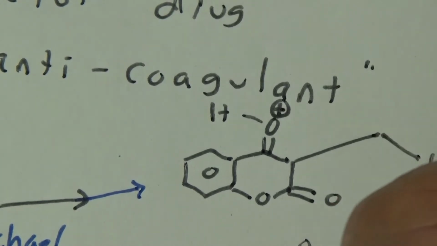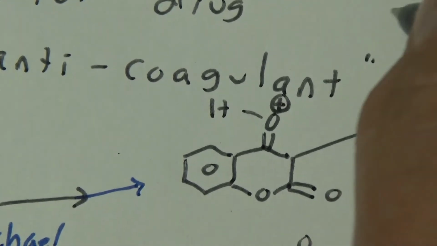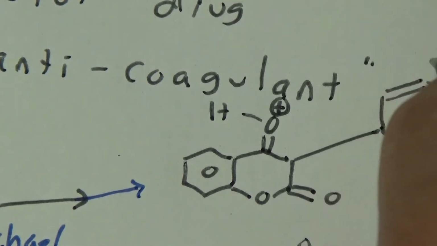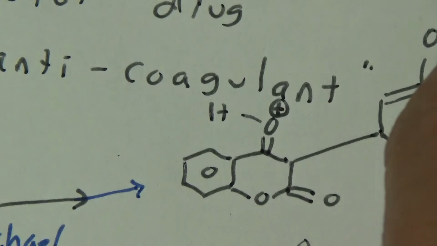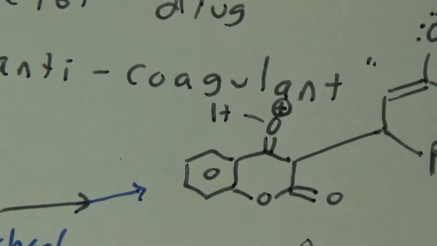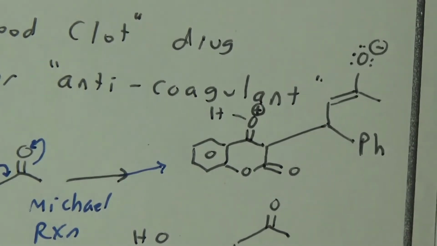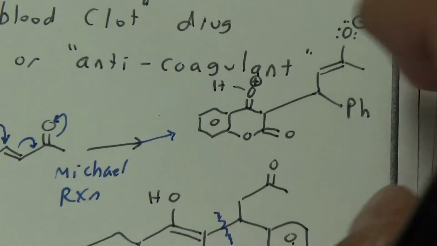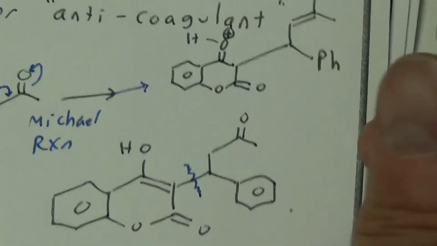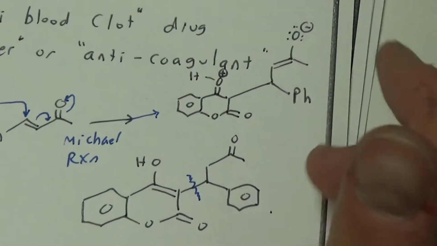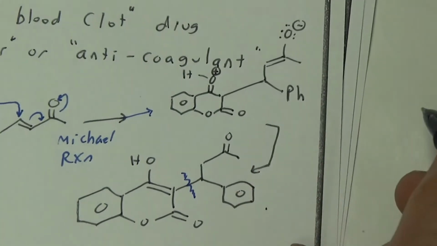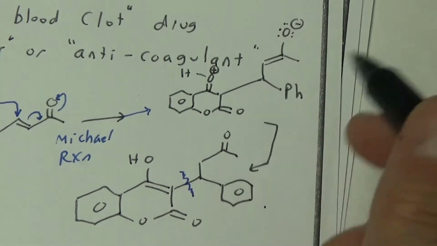A long bond there, phenyl, and a negative charge up top. Oops, sorry. Can you see it? All right, good. So to finish this, this is really not even a reaction, it's just a little mechanistic step to convert this intermediate to this product.